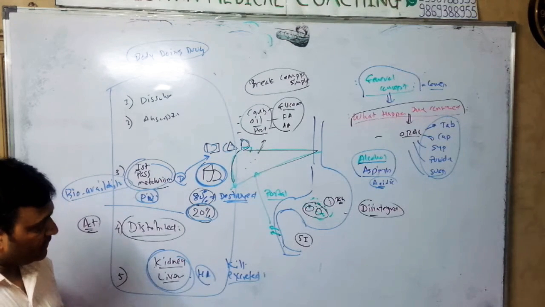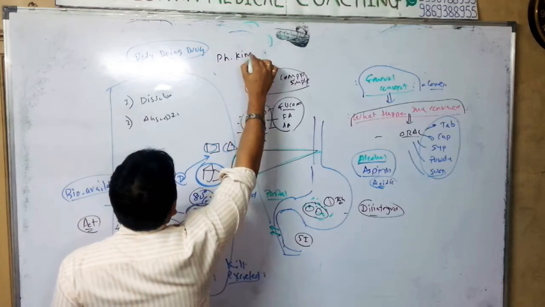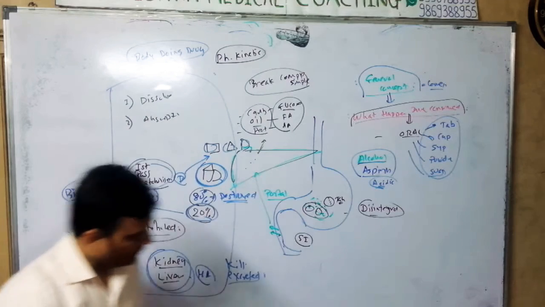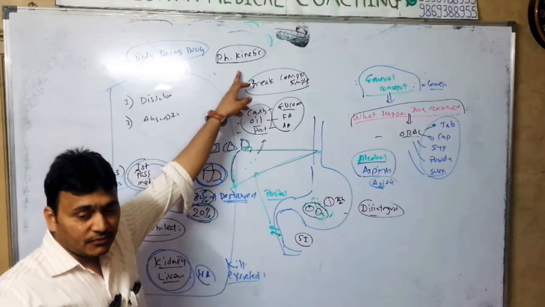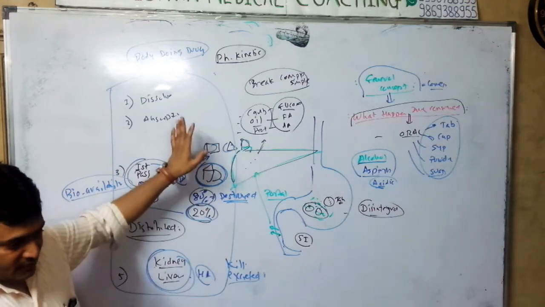This is a part of general pharmacology called pharmacokinetics. Start reading from the notes we're going to give, because notes are very concise and you'll be able to understand each and every word through this. Pharmacokinetic means what? Movement. This drug is moving from one place to the other.